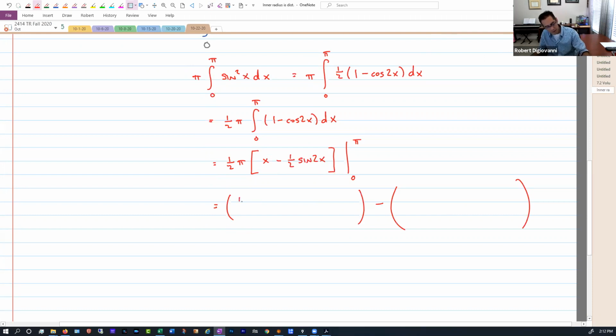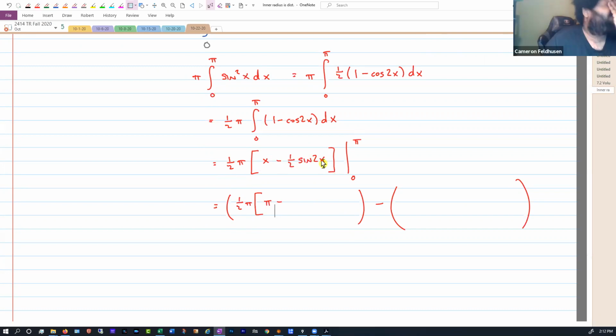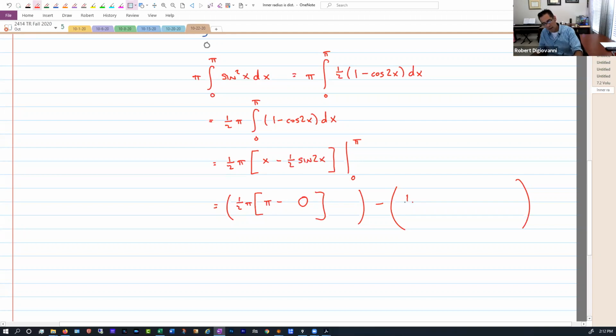So if I plug in pi, I get 1/2 pi minus, what is sine of 2 times pi? Sine of 2 pi, go all the way around. Y coordinate, 0. Okay, then we have 1/2 pi.